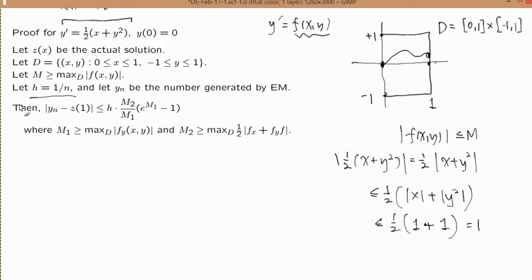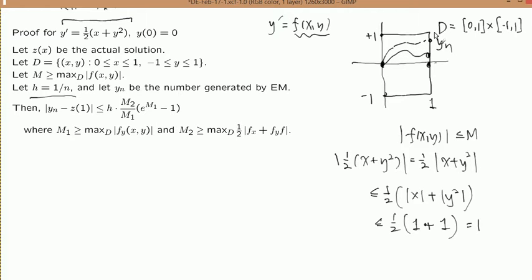Hope this makes sense. h equals 1 over n. And y_n is the number generated by Euler's method after you do n steps. So if you go by 1 over n, n times, you arrive exactly at x equals 1, whatever the y_n value over here is. Maybe y_n will arrive somewhere here, something like this.